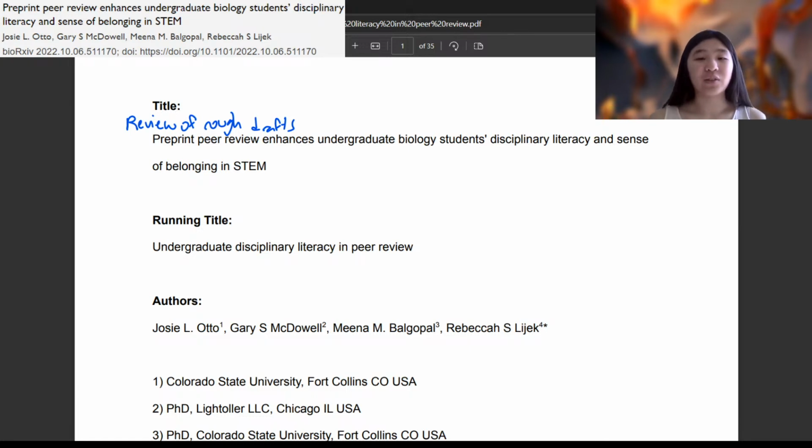enhances undergraduate biology students' disciplinary literacy. So this phrase basically means their ability to understand research articles and other literature inside their field of study. So in this case, since they're biology students, their disciplinary literacy would be how literate they are at reading a biology research article.